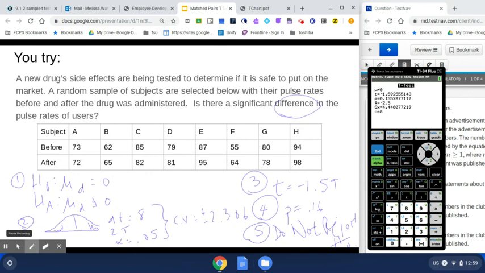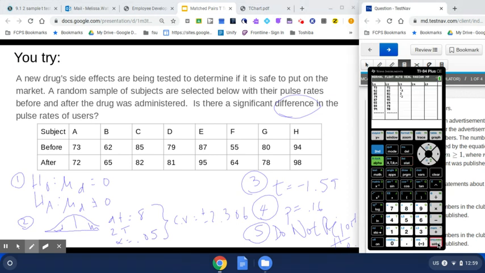I went ahead and plugged in the values into stat and edit. I just went ahead and put the before values in list 1, then the after values in list 2, and again I subtracted list 1 minus list 2 in list 3. Stat over to tests, and we select the t-test.